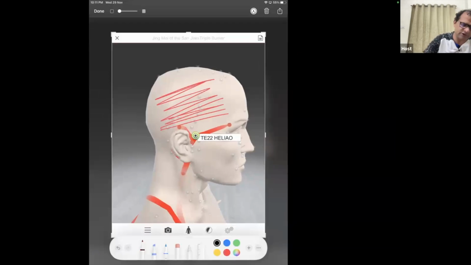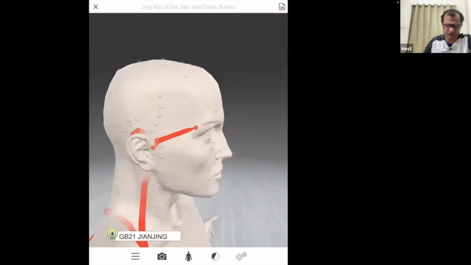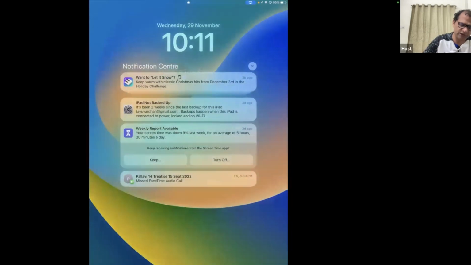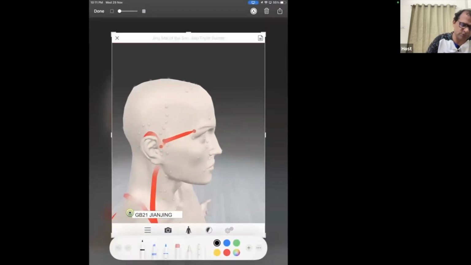We have taken triple burner 5. We have taken liver 3 for the side area. We have taken UB2. And finally, we have taken Taiyang. Taiyang means this depression here. It is a very special point.